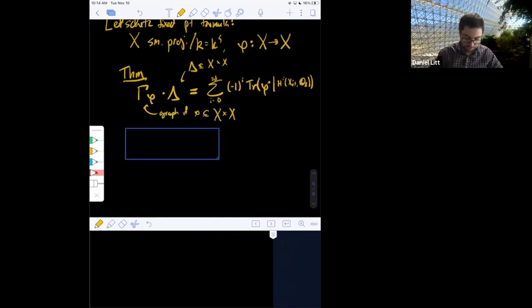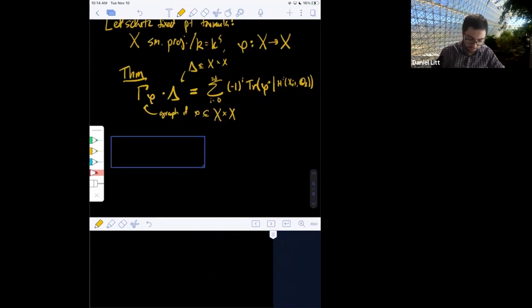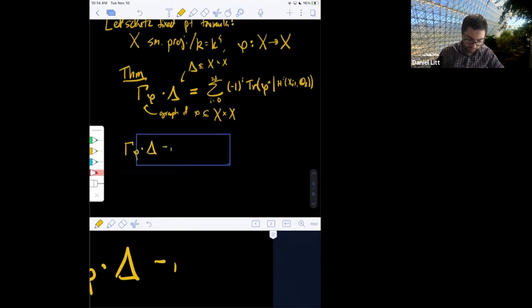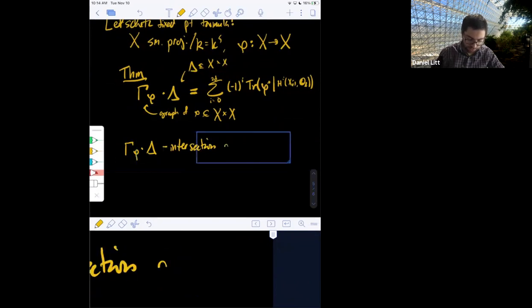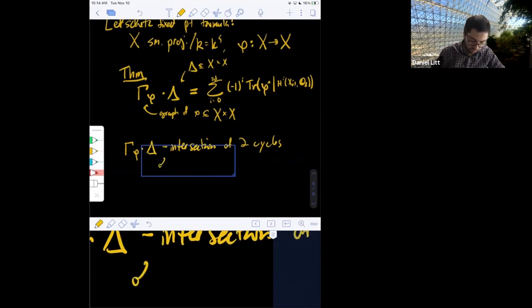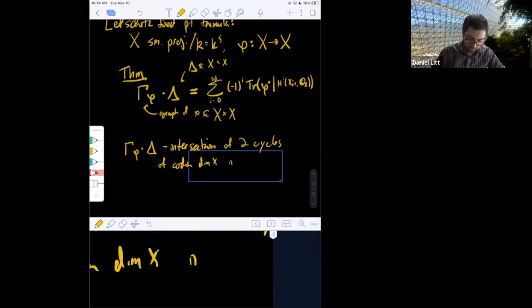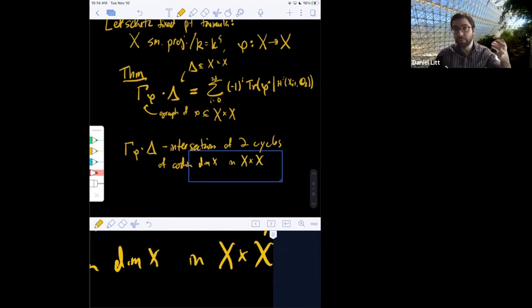Okay, so what does this mean? There are two ways of understanding this. Here, gamma phi dot delta is an intersection of two cycles of codimension dmx in X times X. Which means its intersection is a cycle class of codimension 2 dmx, namely a 0 cycle.